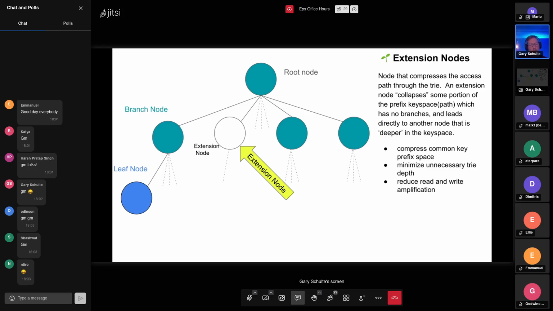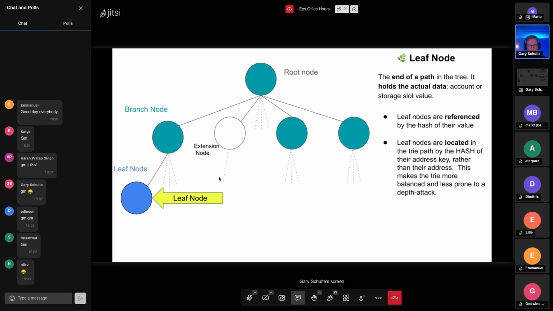So if you had a node that was, say, 16 layers deep, but you could express it as just an extension node to just a couple of leaf nodes, you can minimize dramatically the amount of read and write that you're doing to that tree. These are all specified in the Ethereum white paper for how the Patricia Merkle tree works.